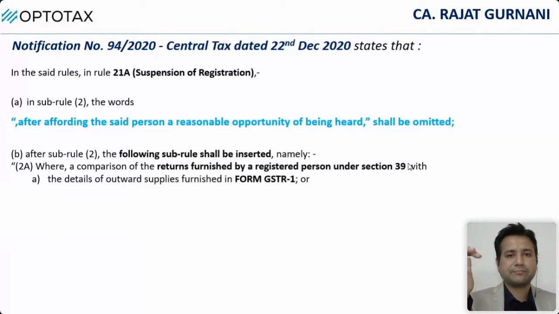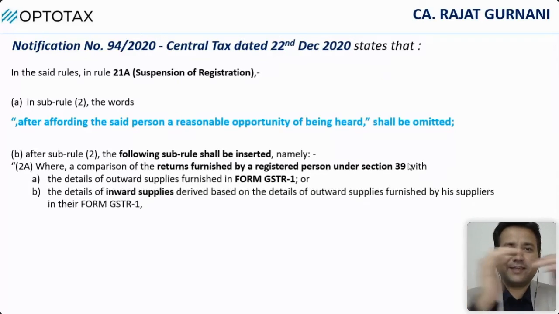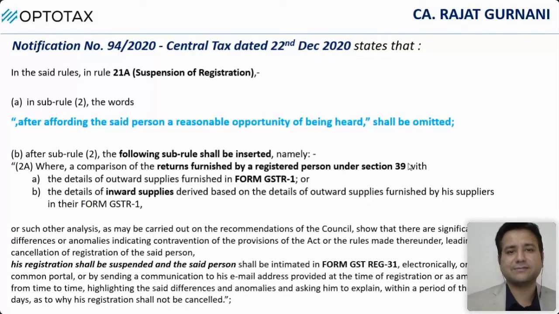So 3B is not matching with GSTR-1, suspension of registration, right? 3B is not matching with 2A ITC, suspension of registration, right? Or such other analysis, whatever they carry out, they will suspend the registration, right?